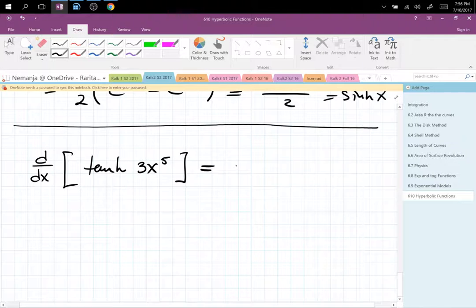Good. So we have secant hyperbolic squared of 3x to the 5 and then times 15x to the 4th. Very good. That's the chain rule.